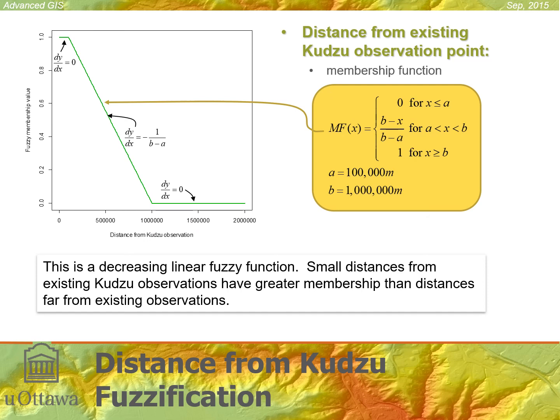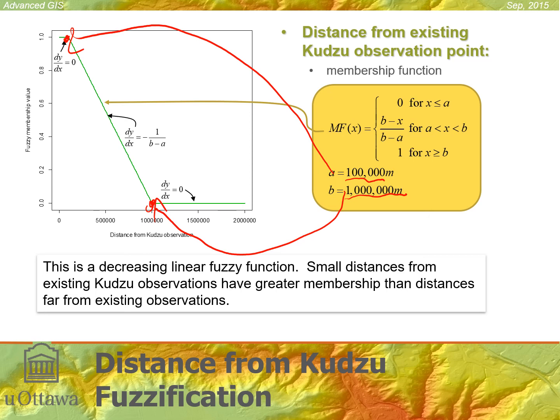And so based on the Keyes model, they decided that the critical values would be 100,000, so that's 100 kilometers, and 1 million, 1,000 kilometers. So A, this critical value right here, is 100,000, and B, right here, is 1 million. And then the slope is negative between these two.